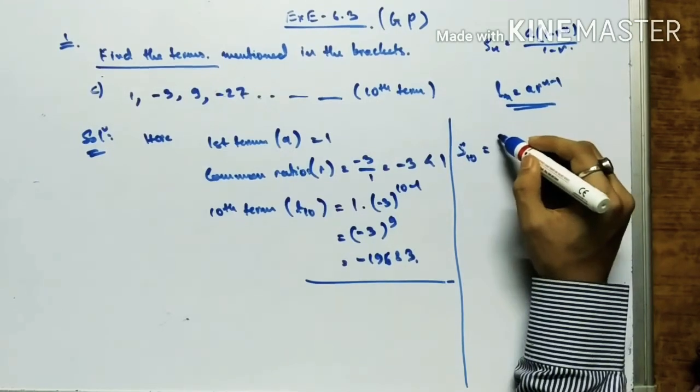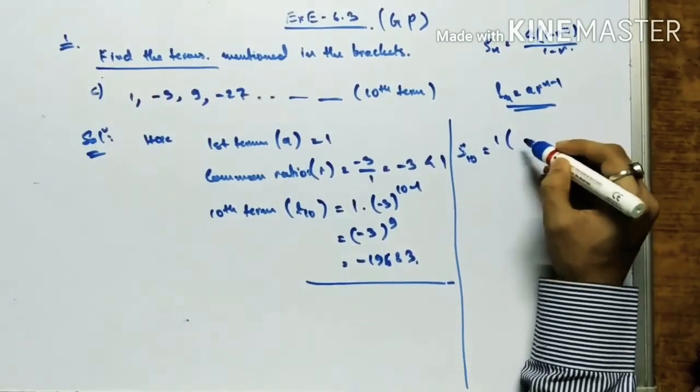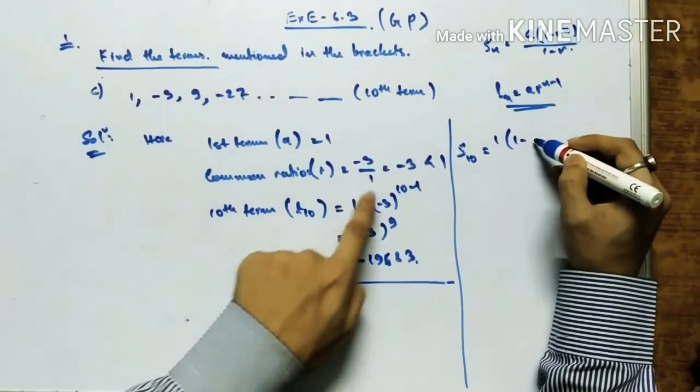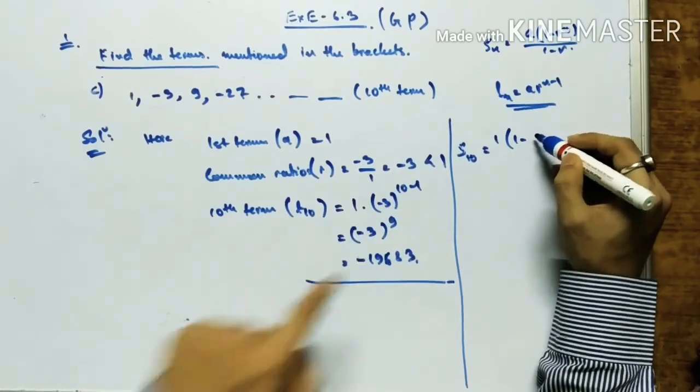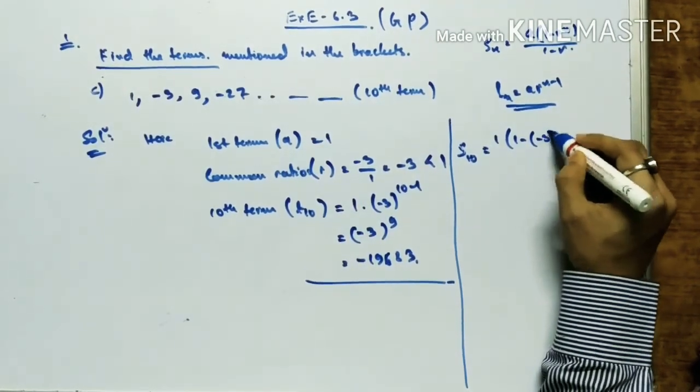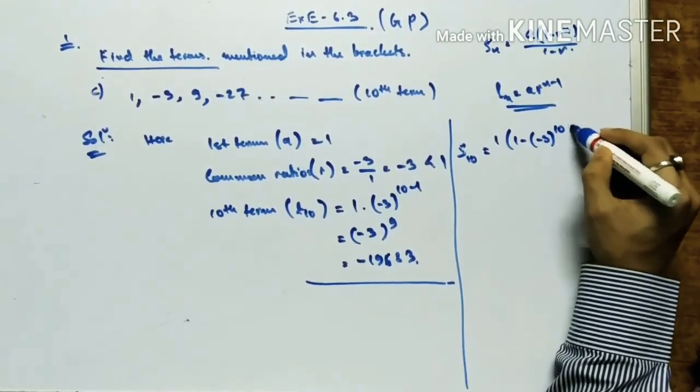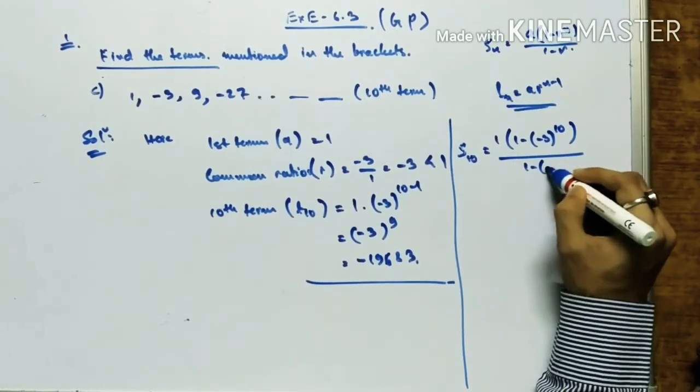So S10 will be: A value is 1, R value is minus 3, n is 10 here. So by 1 minus minus 3.